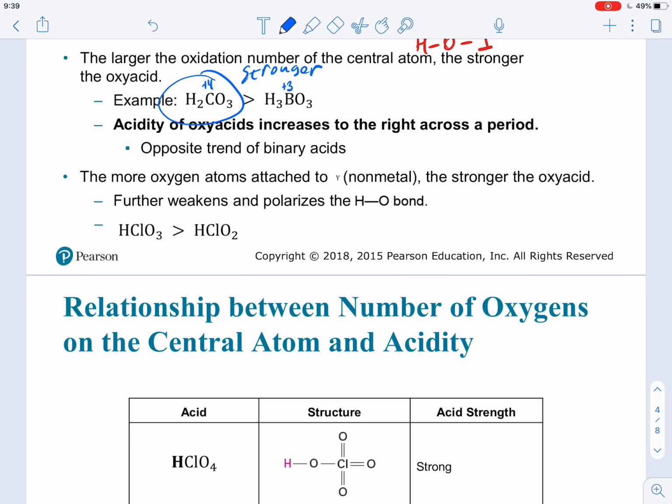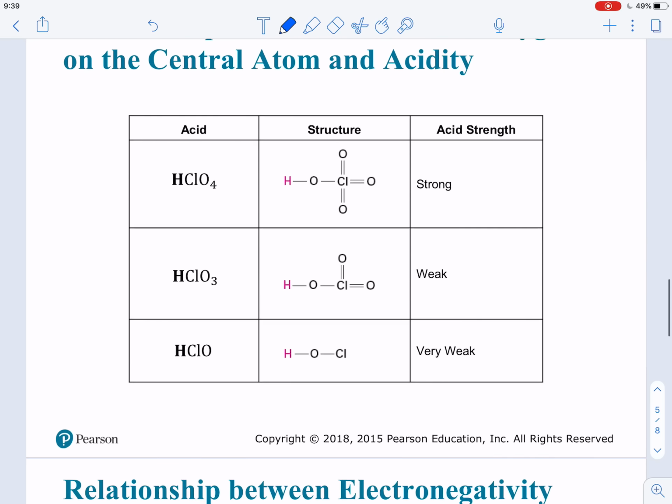Now the number of oxygens that you have here also plays a role, because you have, let's use this one. Okay, so why are these acids different in strength?